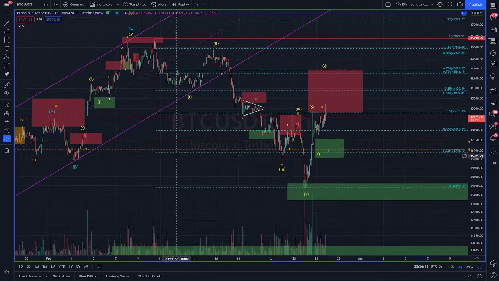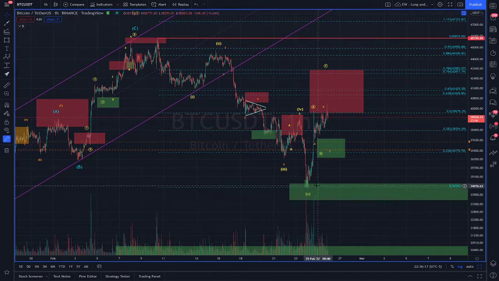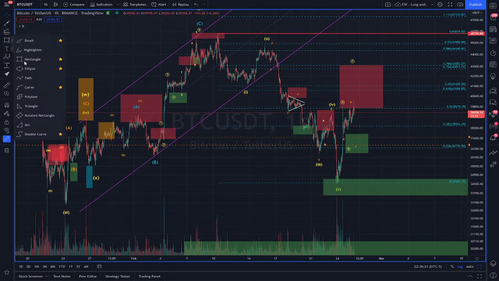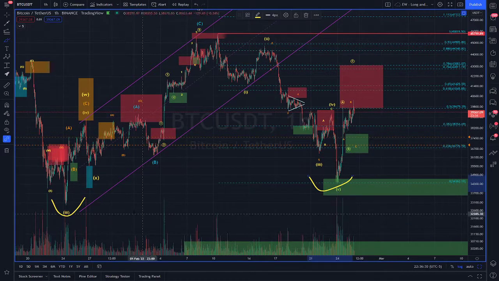I'm going to give you a disclaimer here: there's certainly a possibility that the bottom is already in. Based on the macro chart, we've gone deep enough. However, I do not like that we have a higher low here instead of a lower low. I really do prefer that we get down further and break that low.